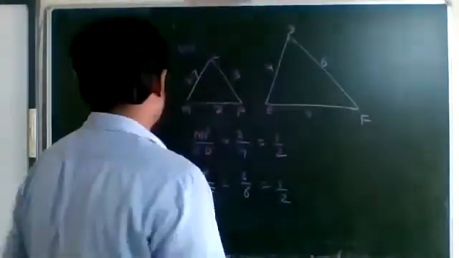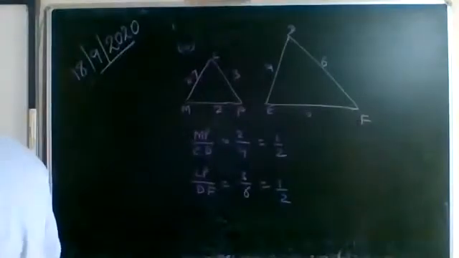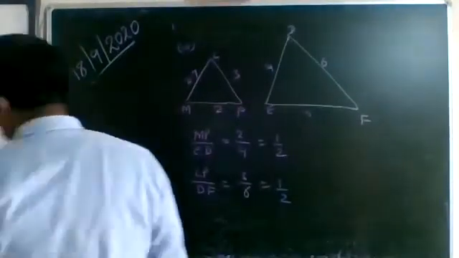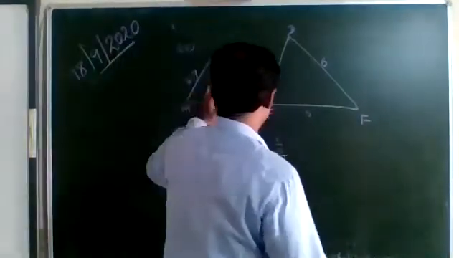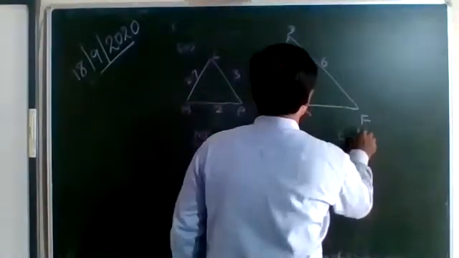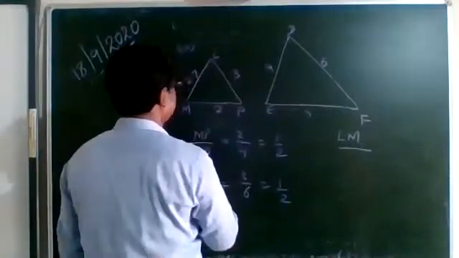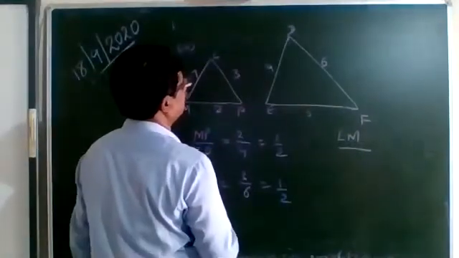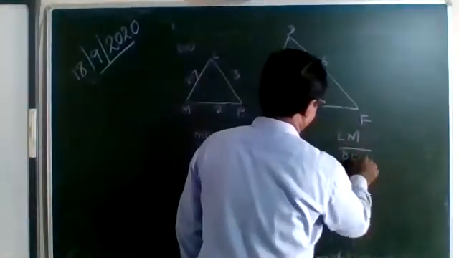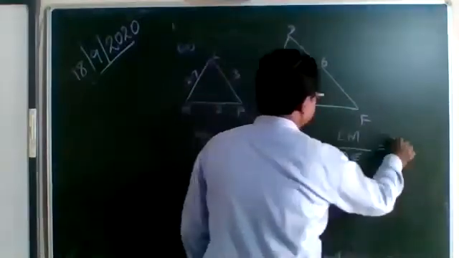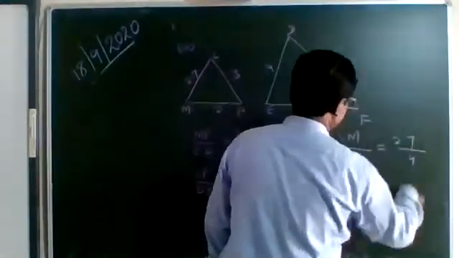Now for this, we find out the ratio of LM and DE. Try to find out the ratio of 2.7 upon 4.